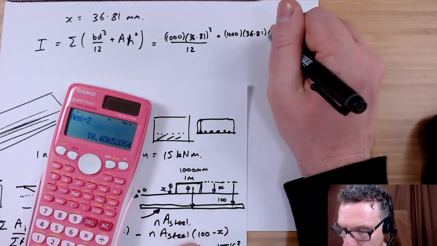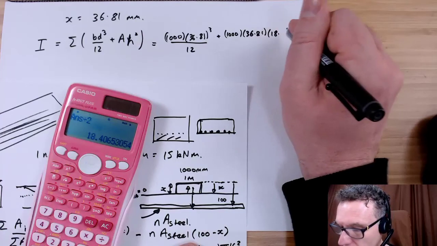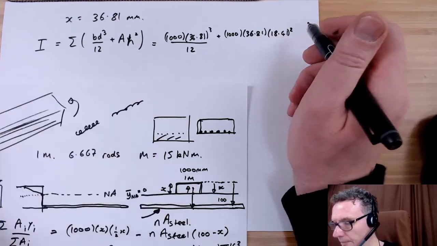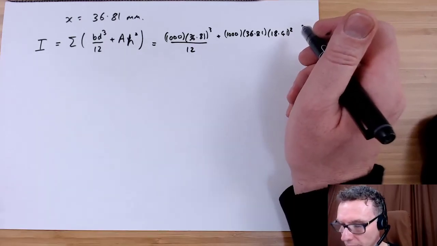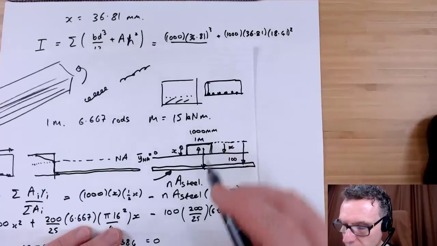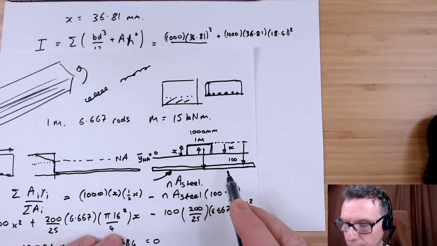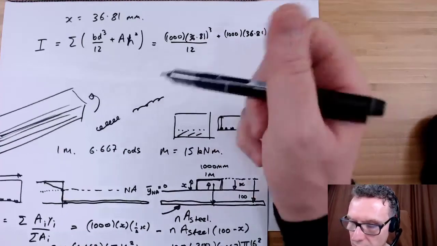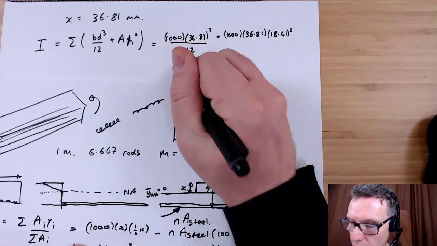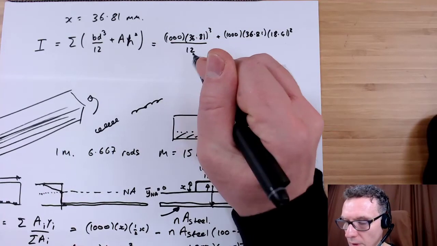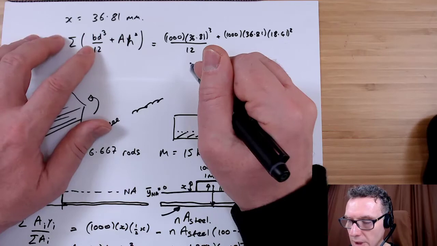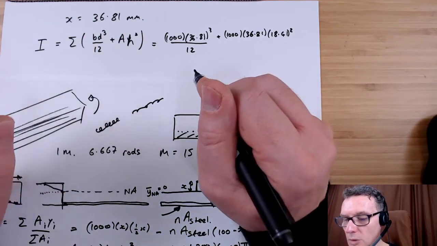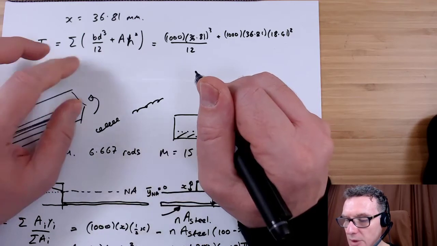So that's going to be 18.41 squared. Okay, now for the rods, we'll make the assumption that, well, notice here what we've got for the rods. You're going to have a very small diameter.